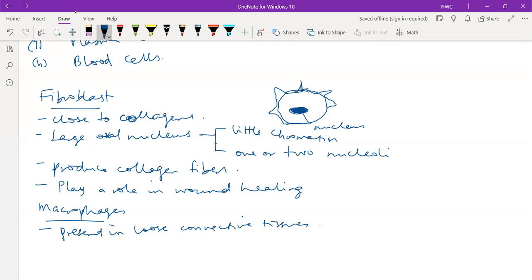If you look at the nucleus of the macrophage, it is usually small and darker than that of the fibroblast, and the cell is often elongated.